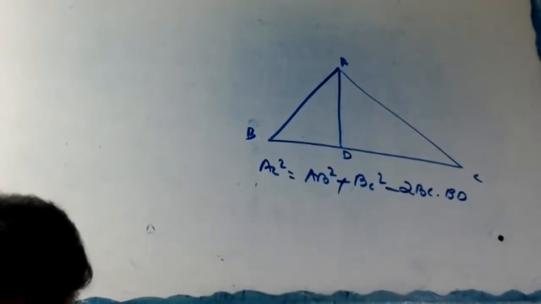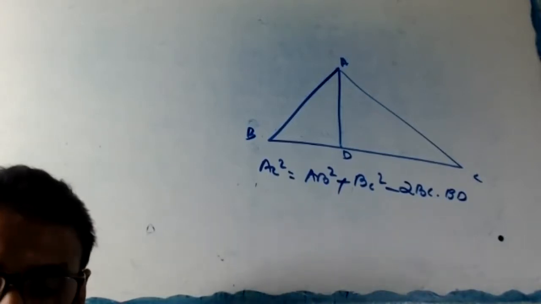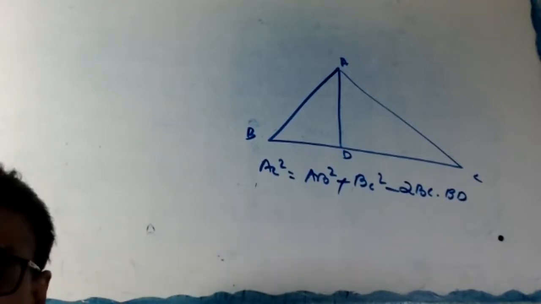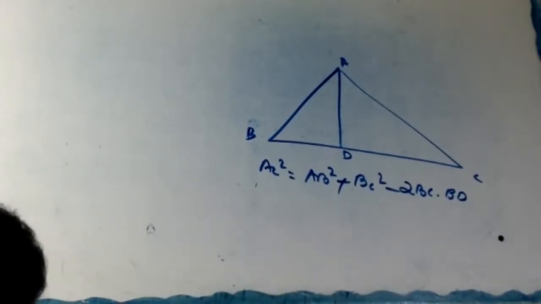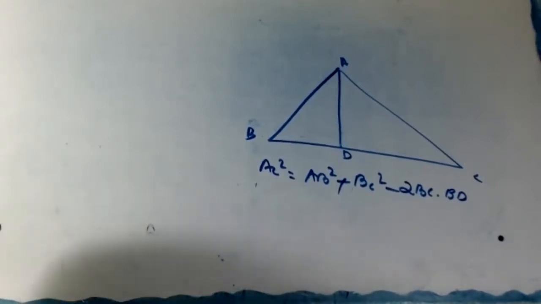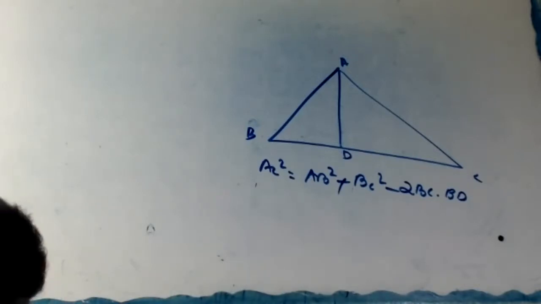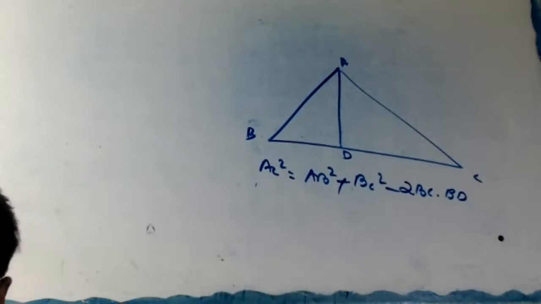Prove that sum of the squares of the diagonals of a parallelogram is equal to sum of the squares of its sides.